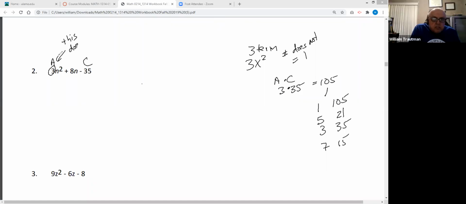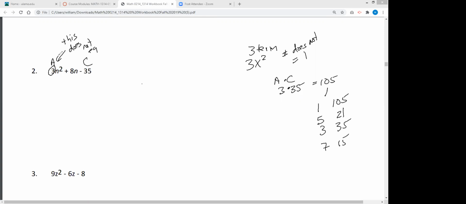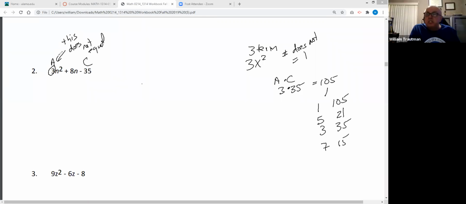Okay, thank you. If you look at the 3-term problems we did yesterday, they all equaled 1. Some of them didn't, but we factored out the GCF, then they equaled 1. This time, they don't equal 1, so we have to use the AC method, splitting the middle. Okay? Thanks for the question.